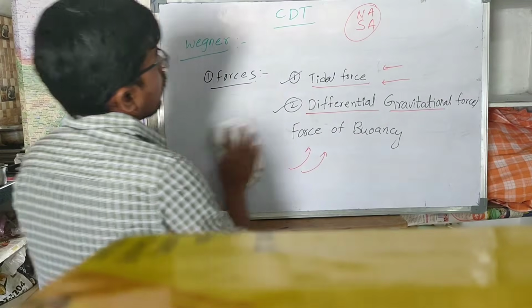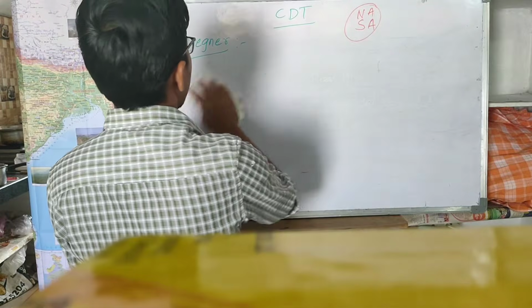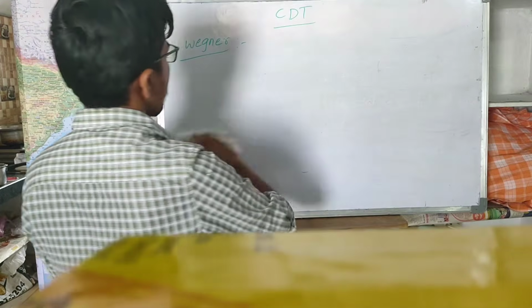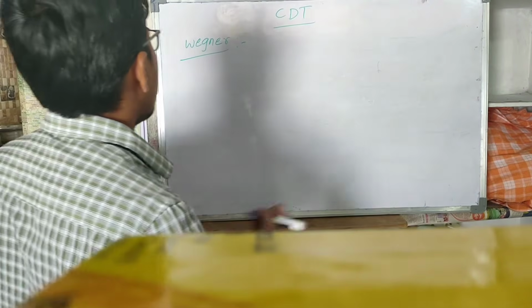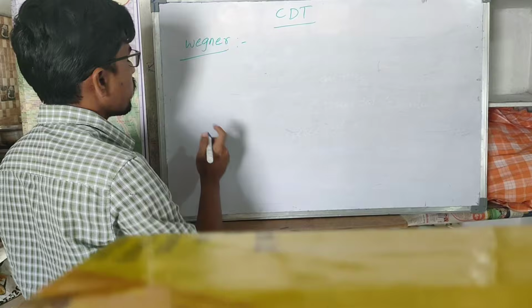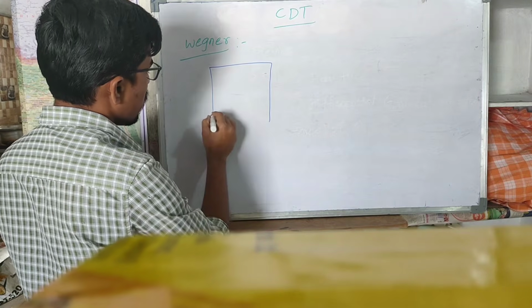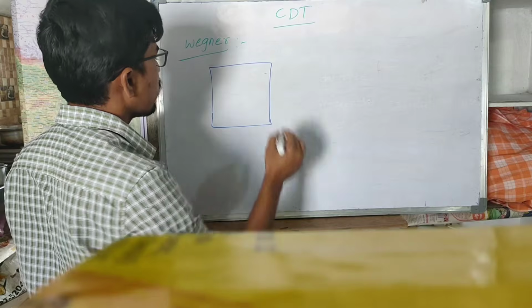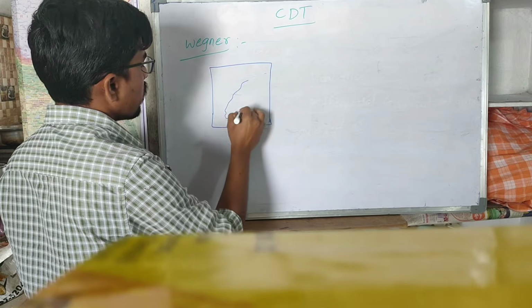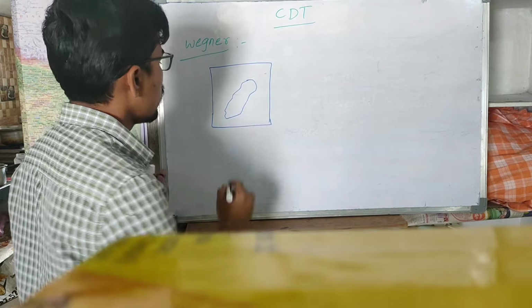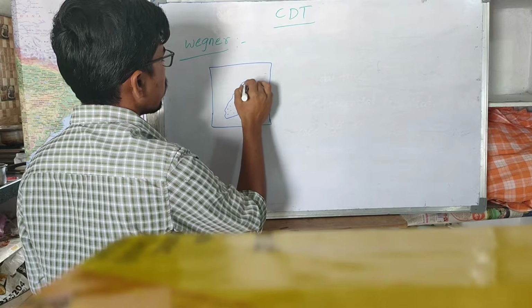Let's see the movement, the drifting of these continents. In the first phase, according to Wegener, there was a huge landmass on the surface of the earth.